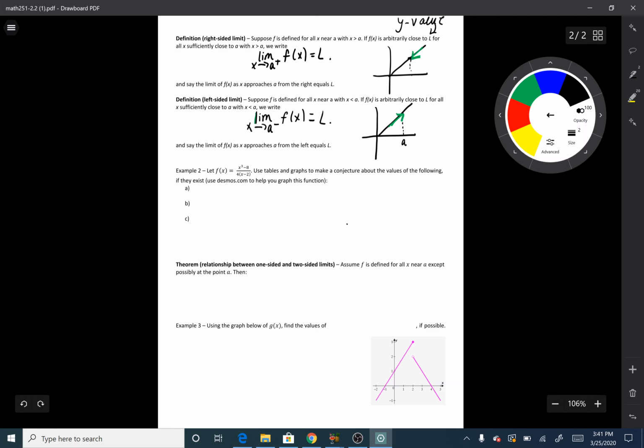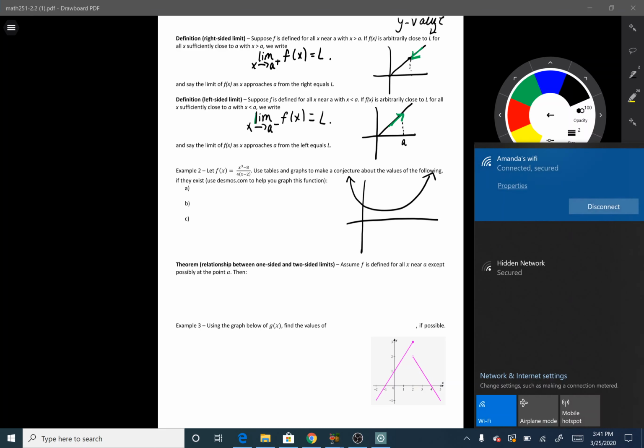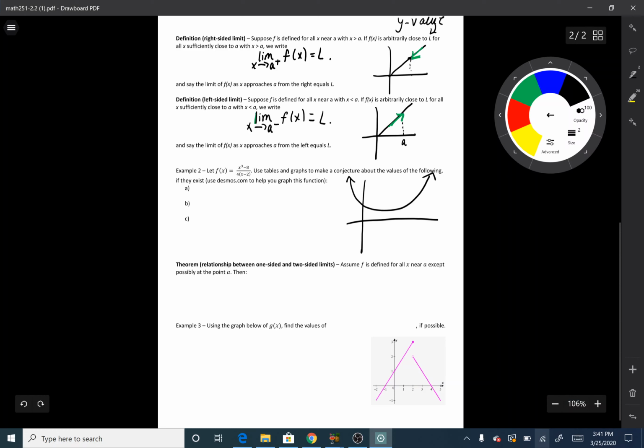So this graph looks something like this. It kind of looks like a parabola, except it has a hole right here at the point 2, 3, because that is where the denominator of this fraction is equal to 0, so it's undefined there.